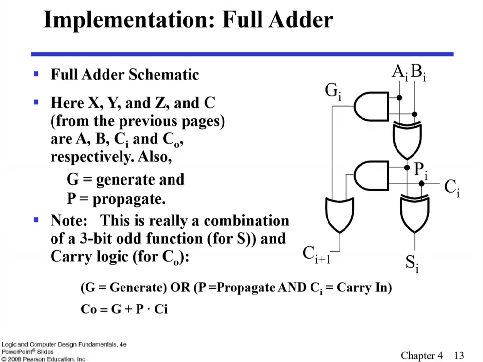Let me write it down here. From the previous slide, what we have done is c is equal to x y, this is the first term of the carry, and then we have x exclusive OR y, and then z.